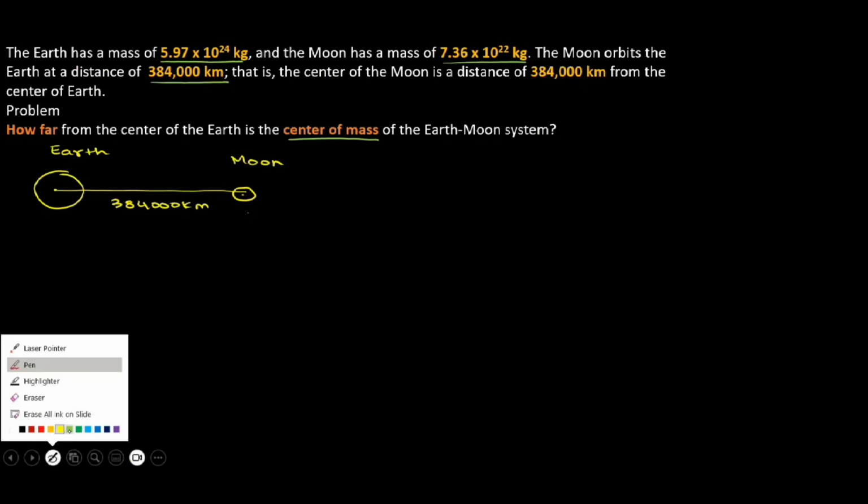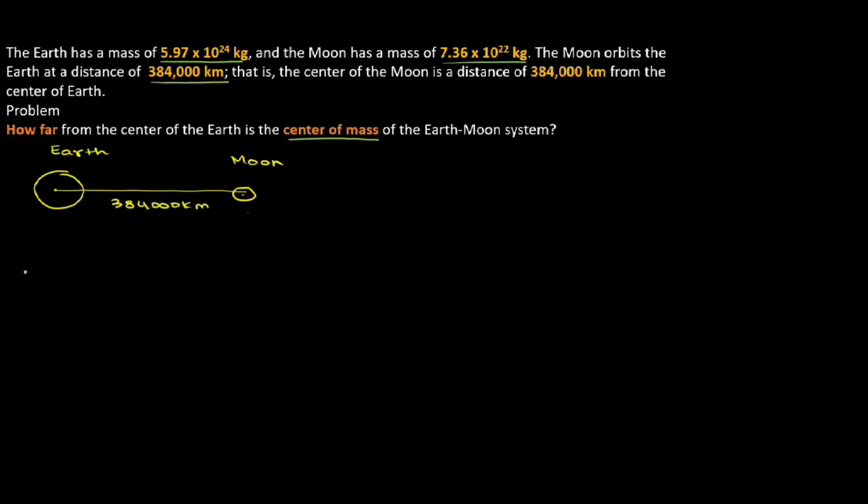Now the rule for the center of mass goes like this. XCM equals x1 m1 plus x2 m2 over m1 plus m2.